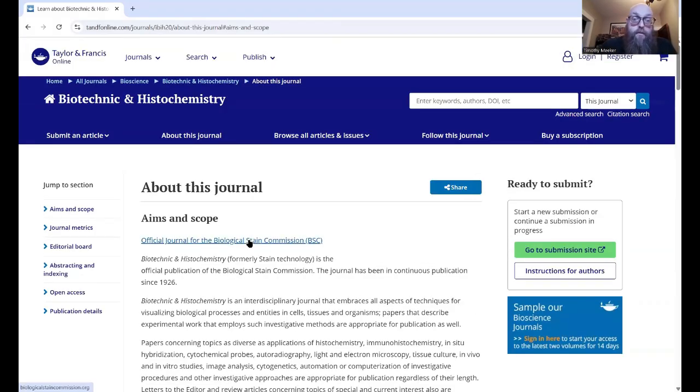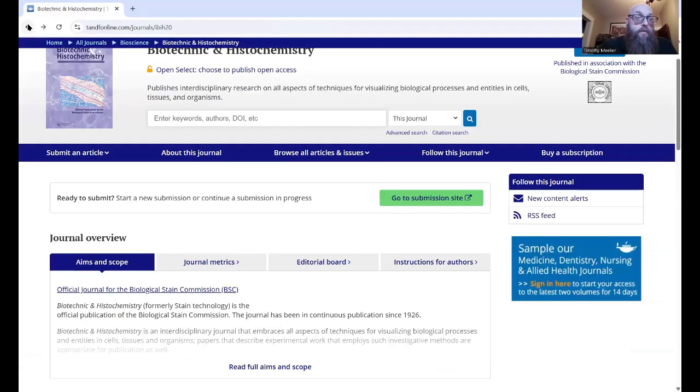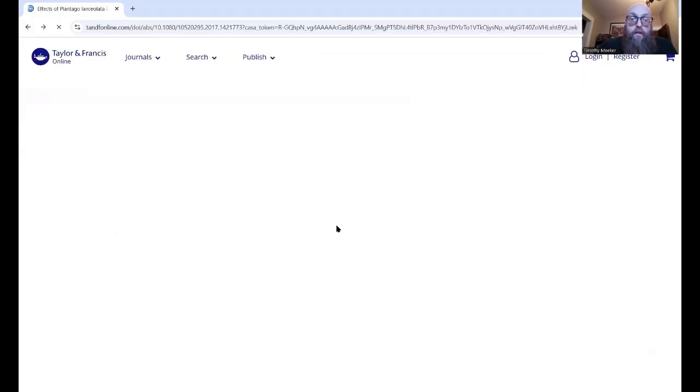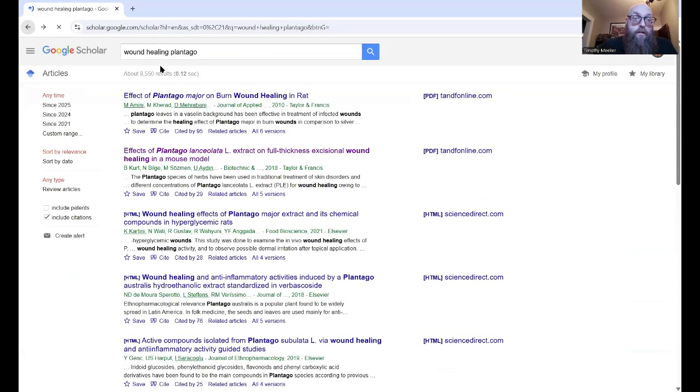It's an official journal for the Biological Stain Commission, which maybe just doesn't get a lot of traction. So I'm kind of surprised that didn't come up in our PubMed search, but maybe again it was an older article. So that's what you can do with Google Scholar.